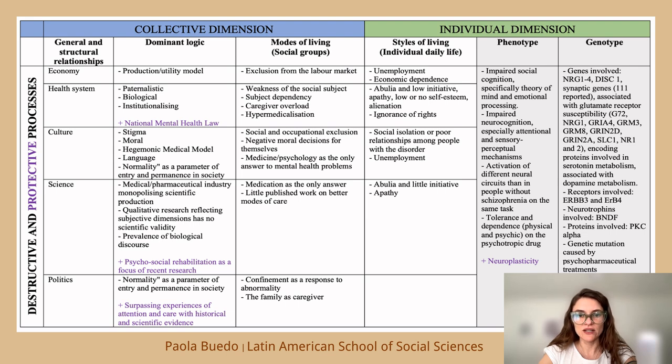So it should describe in general how the economic model is structurally organized. In this part of the world, we are under a productivity and utility value. This is how our economic system is organized.